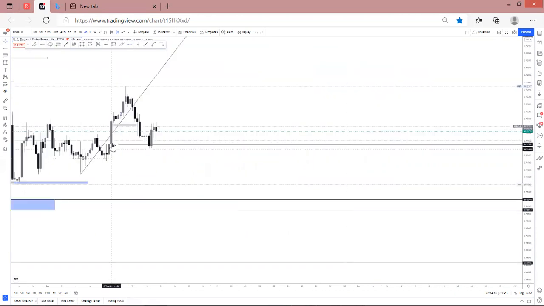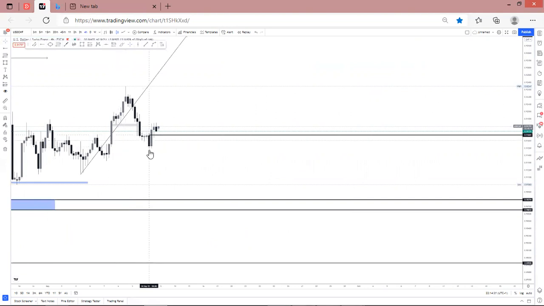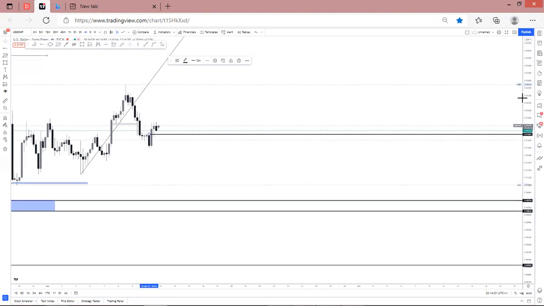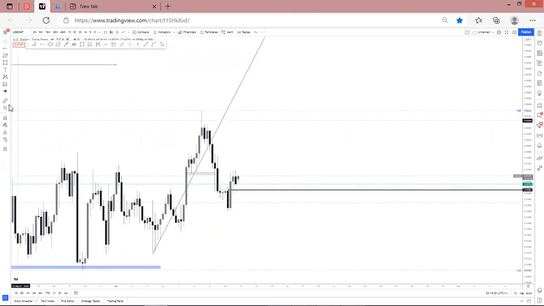But we saw price come down here, and now price gave us this sell to buy, creating this, will I say, consolidation right there, and a fake out. So we're expecting price to go higher on this.